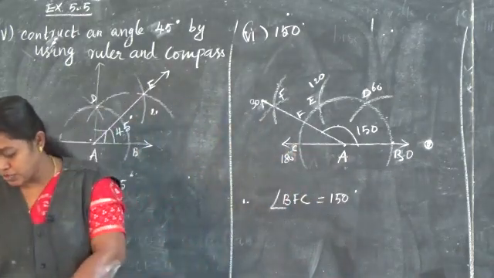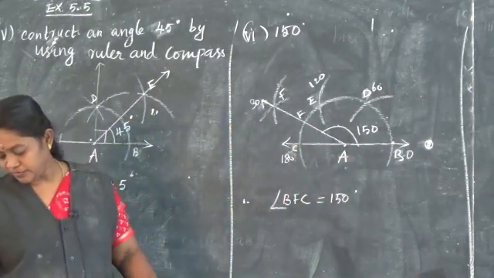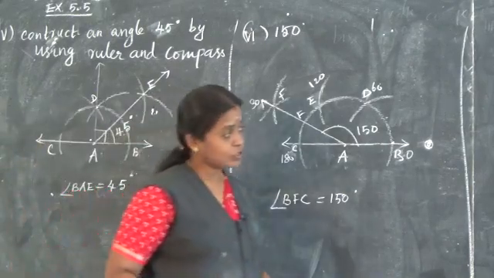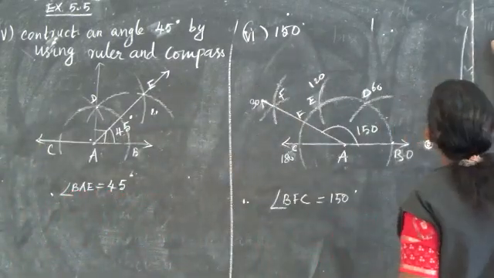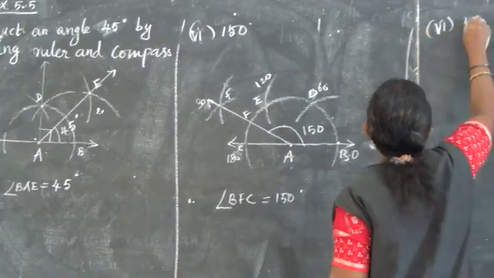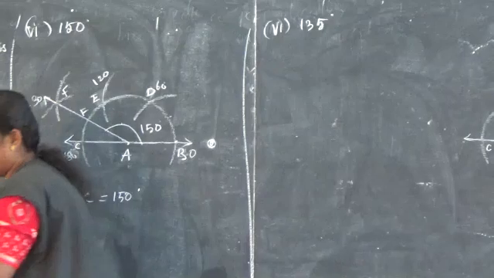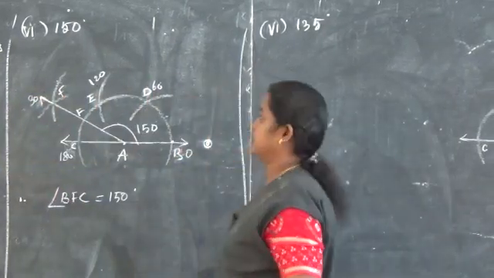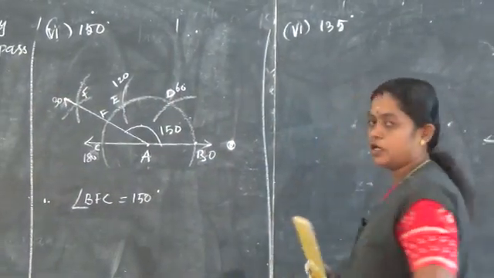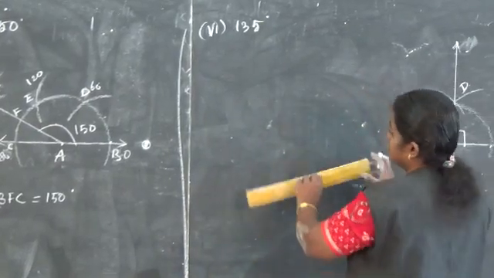Now we are going to draw 135 degree. Last problem for us. Here also I am not using any protractor. We are using only ruler and compass.